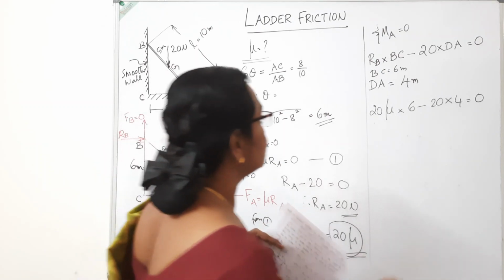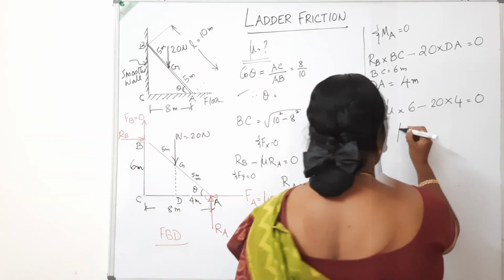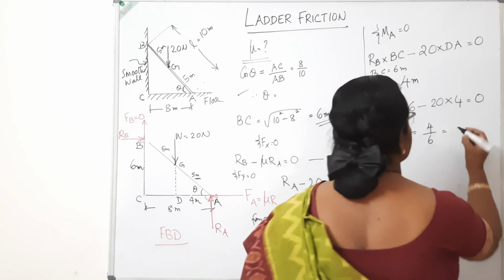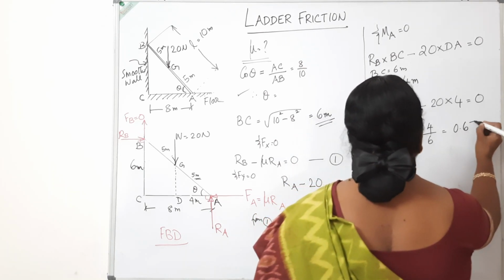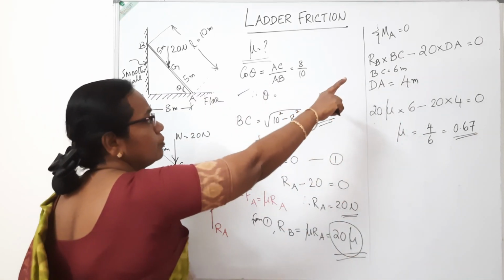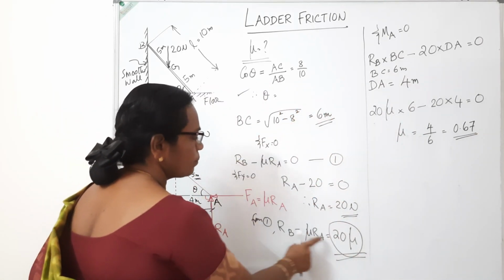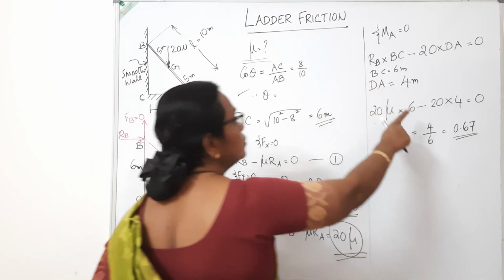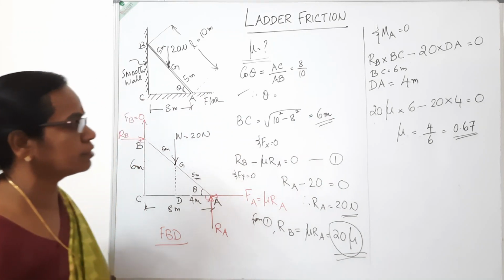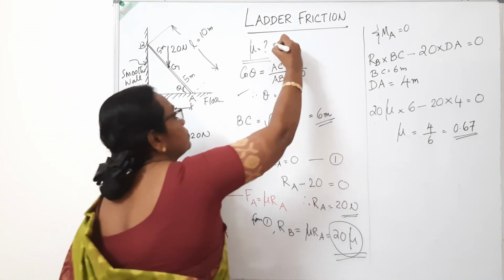From that we will get mu is equal to 4 by 6 or 2 by 3. So by taking moment about A equal to 0 and substituting for RB, 20 mu into 6 minus 20 into 4 is equal to 0, we get mu is equal to 0.67. So the first part is over.